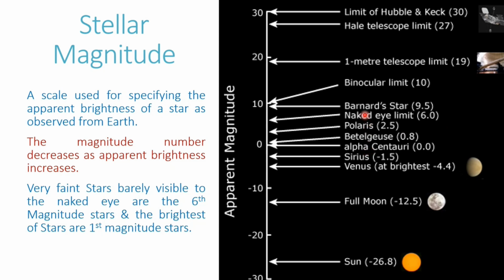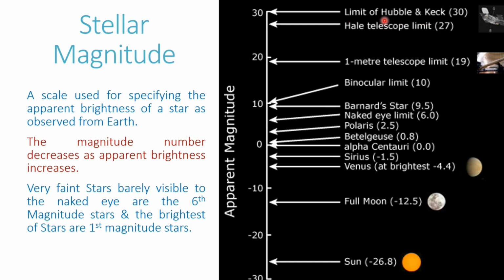Now, if you go a little further, if you use a binocular to observe the sky, you would be able to see the stars having a stellar magnitude up to 10. If you have a 1 meter telescope, it can help you to see the stars up to a stellar magnitude of 19. Then another important telescope which we have, the Hale telescope, can see the objects having a stellar magnitude of 27.